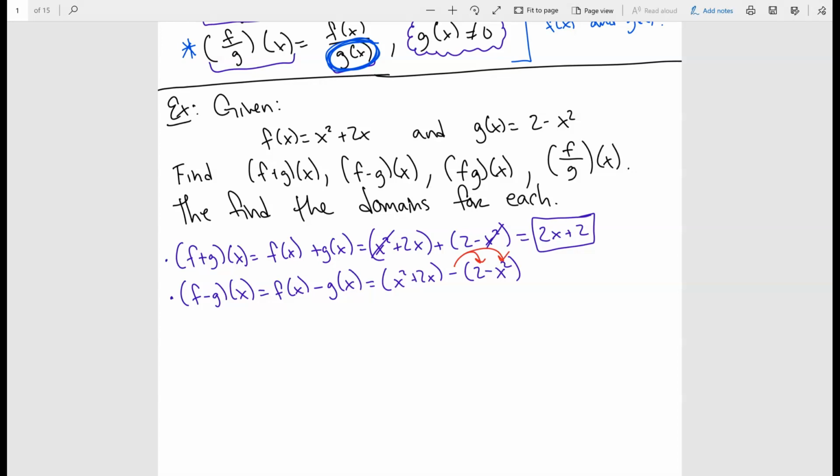So you want to distribute that. So you have x squared plus 2x minus 2 plus x squared. So notice here, these guys are not going to cancel out anymore. This is going to just give me 2x squared plus 2x minus 2. That's going to be that solution.